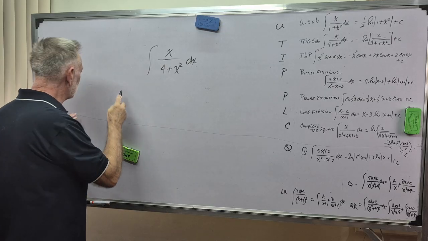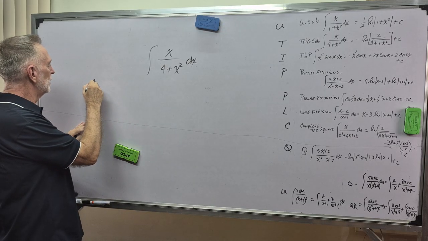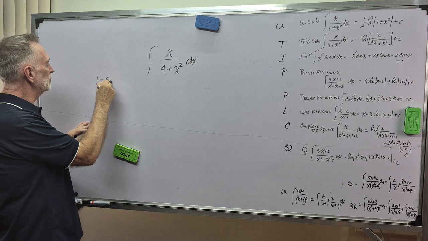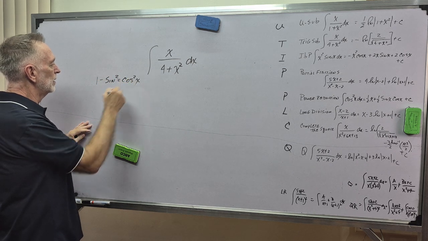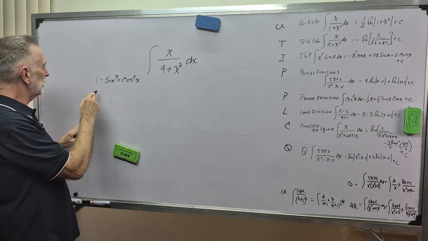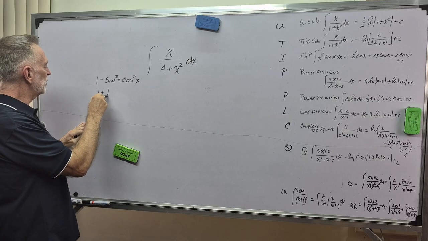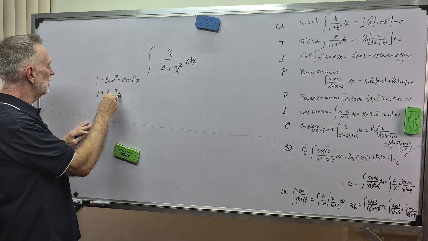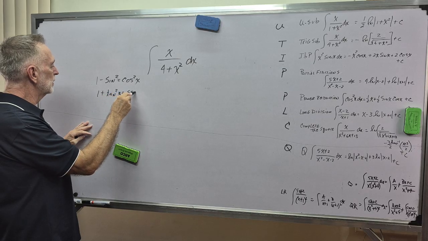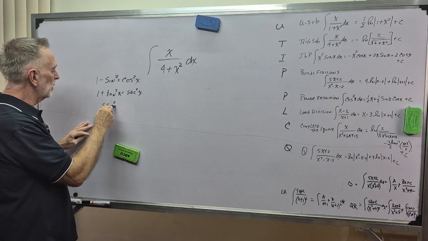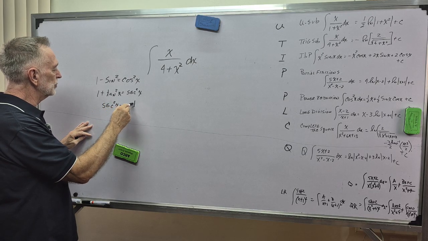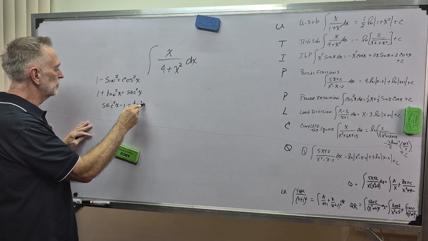When you think about trig identities, 1 minus sine squared equals cosine squared. 1 plus tangent squared x equals secant squared x, or secant squared x minus 1 equals tangent squared x.